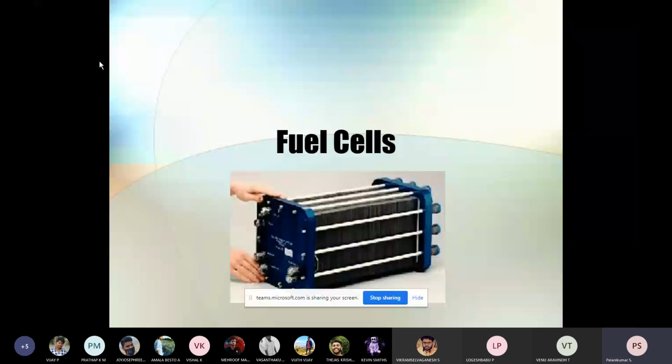In addition to the electrolyte, a catalyst will be used. That catalyst will play a main role in splitting the hydrogen into two ions.